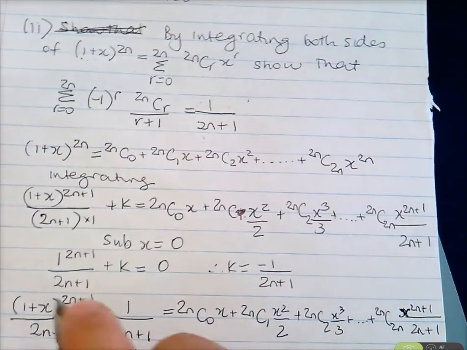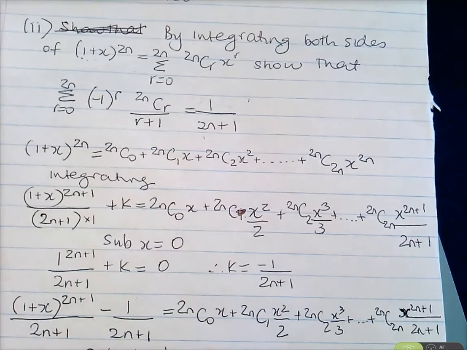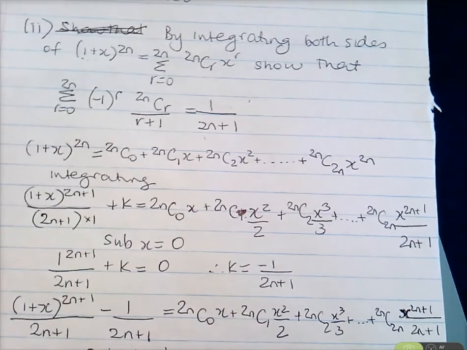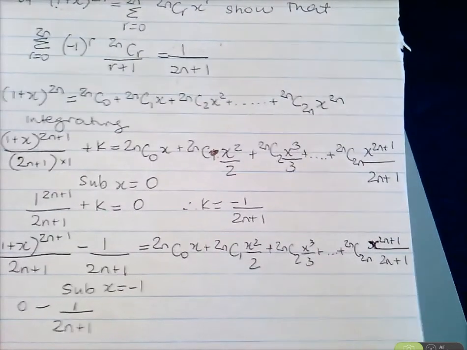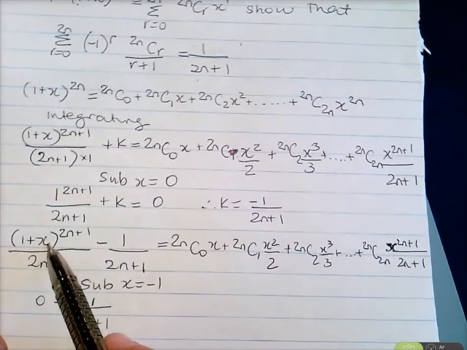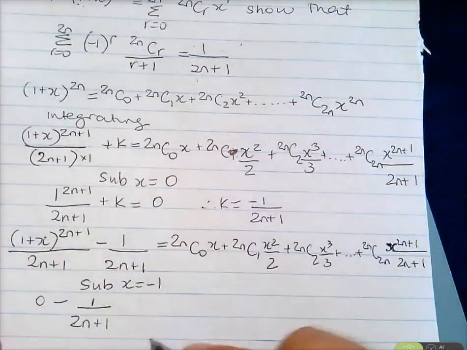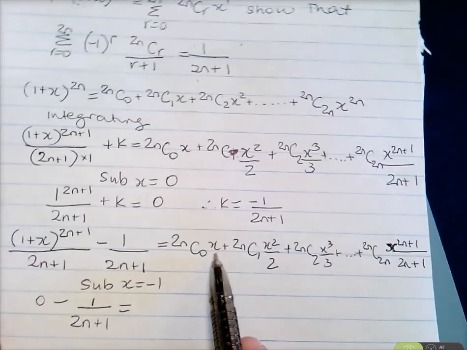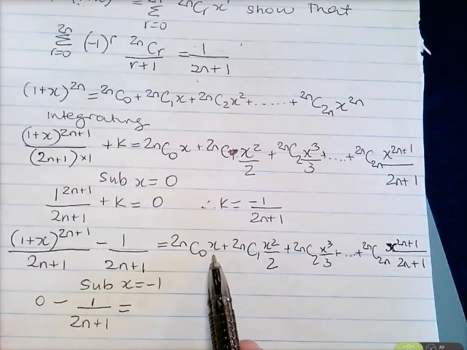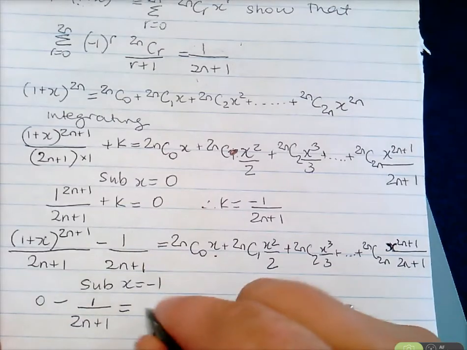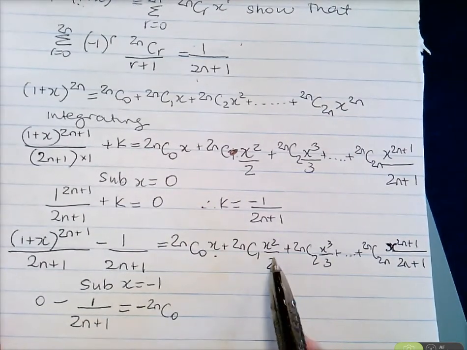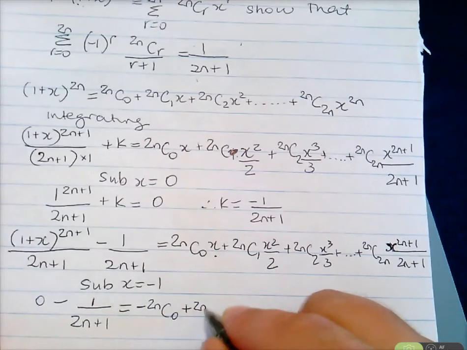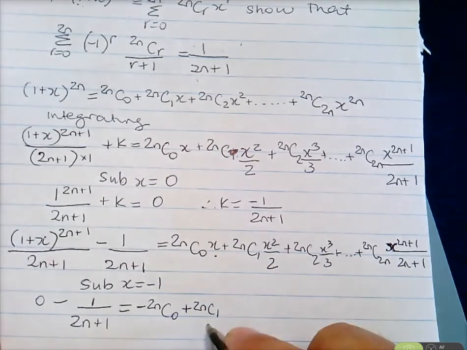And we're going to get 0 minus 1 over 2n plus 1 on the left, because you get 1 minus 1, which is 0, to the 2n plus 1. And on the right, when you substitute x is negative 1, is the first term positive or negative? So you get negative 2nC0. The second term will be plus 2nC1 over 2, isn't it?